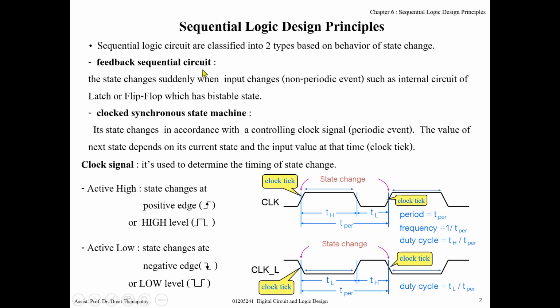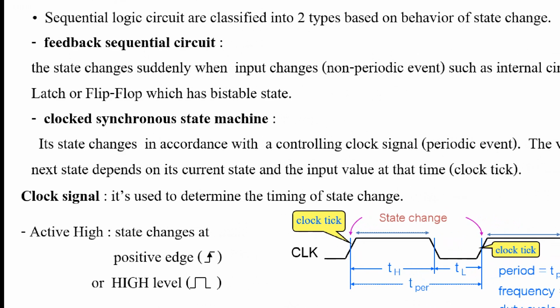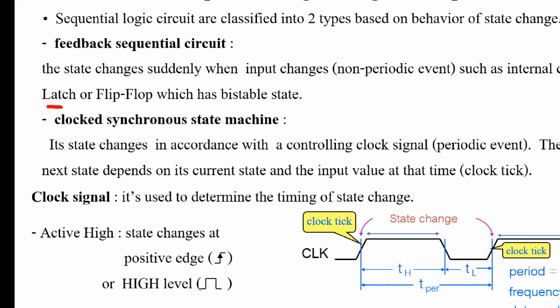For a feedback sequential circuit, the state will change when the input changes. When the input changes, the output will change suddenly. For example, maybe you will know this name later, something like latch or flip-flop. It has bistable states. It can be stable at both high and low level.